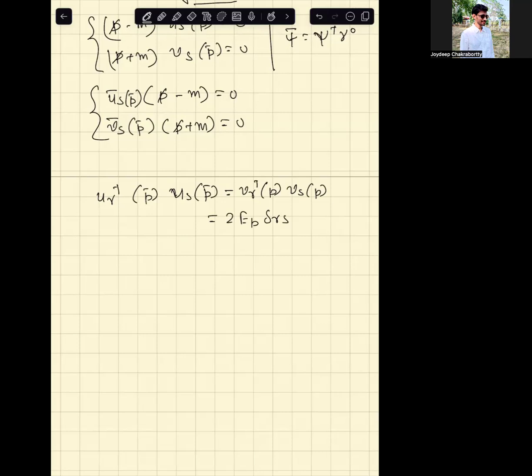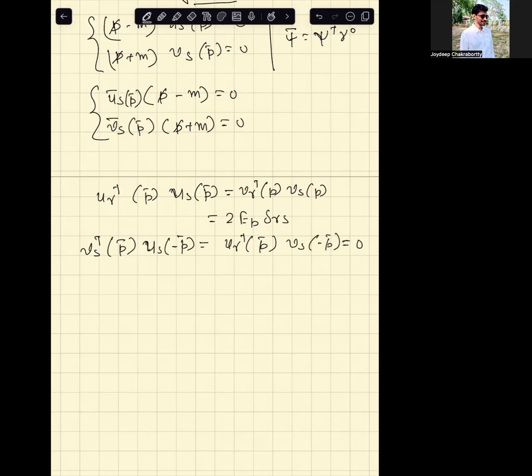So for r not equal to s, that will be 0. Similarly, for the antiparticle wave functions, we can write u_r dagger(p) v_s(-p) equals 0. So particle and antiparticle, when you write them down, you get basically 0.